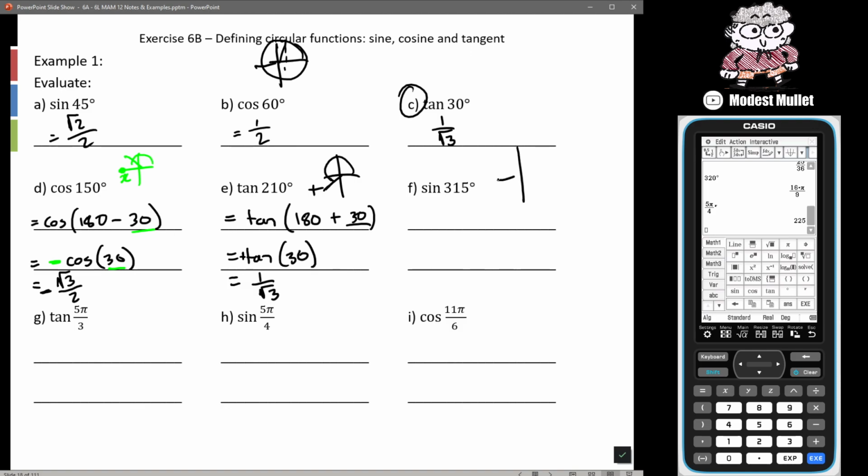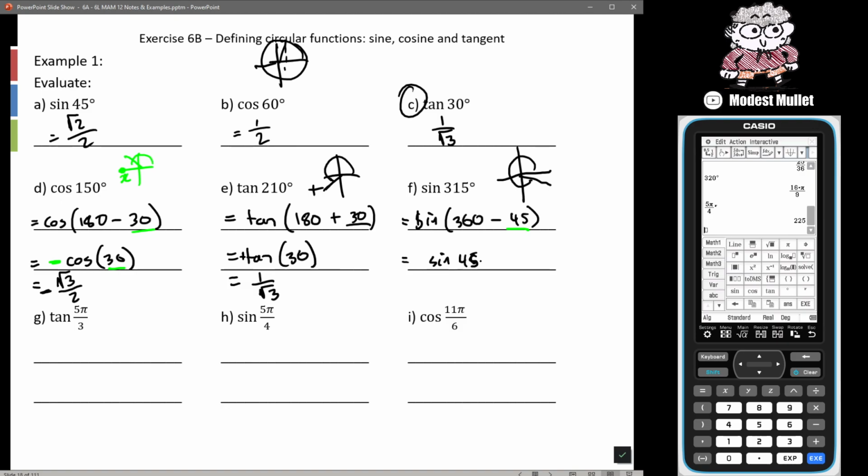Sine of 315 degrees, we need to think where that is. That is, of course, sort of over here. So I want to try and write that as sine of 360 take away some angle. Now that would need to be 45. So I can rewrite this as sine of 45.